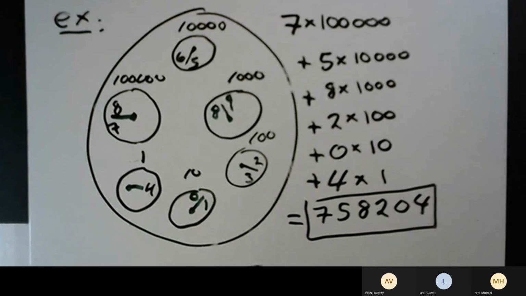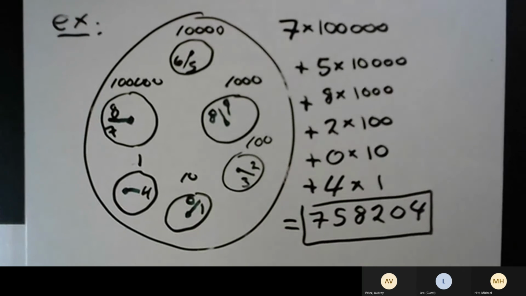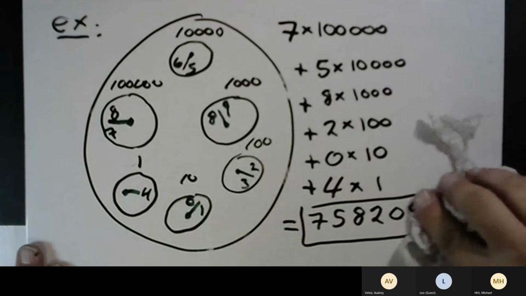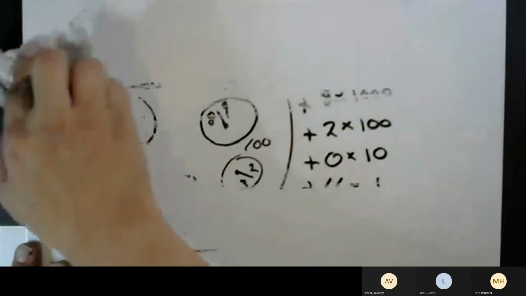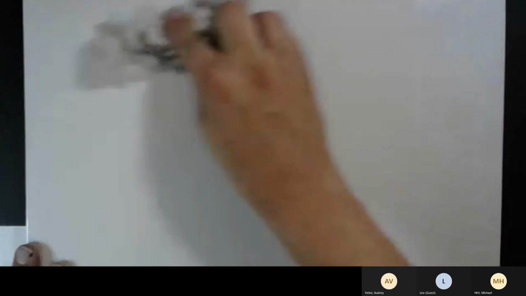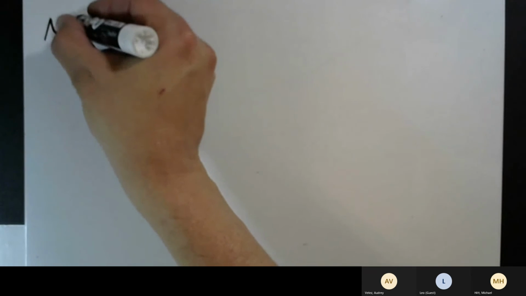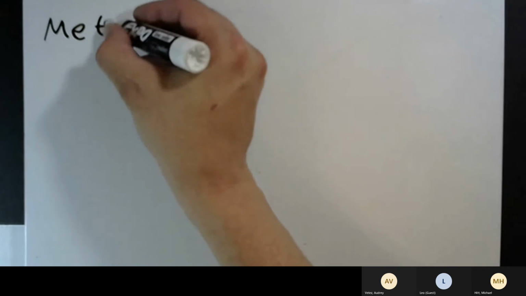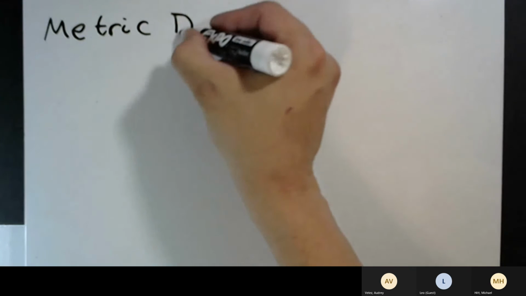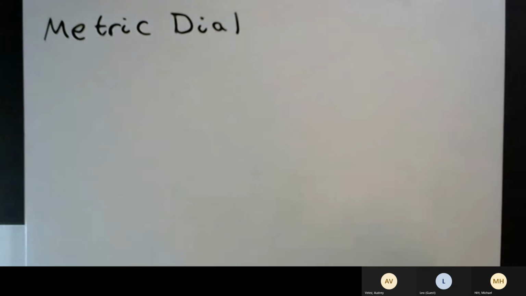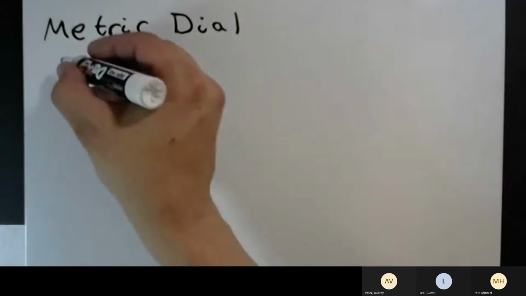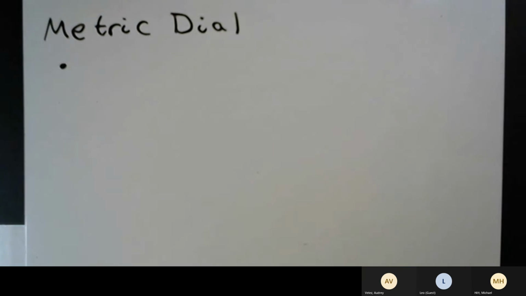So the last thing to mention in this section, I think this will be as far as we get tonight. We'll finish this section and that's going to be it. It's a complicated section. There's a lot to it. But we're going to talk about what's called a metric dial. And this is for measuring very tiny distances, very tiny.